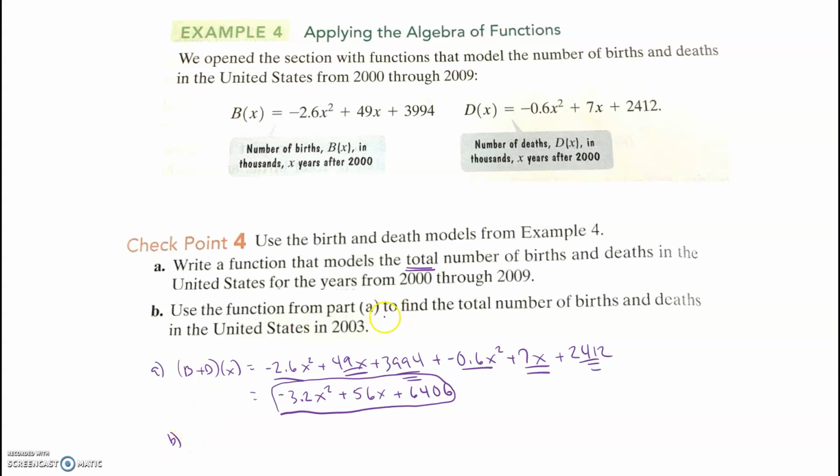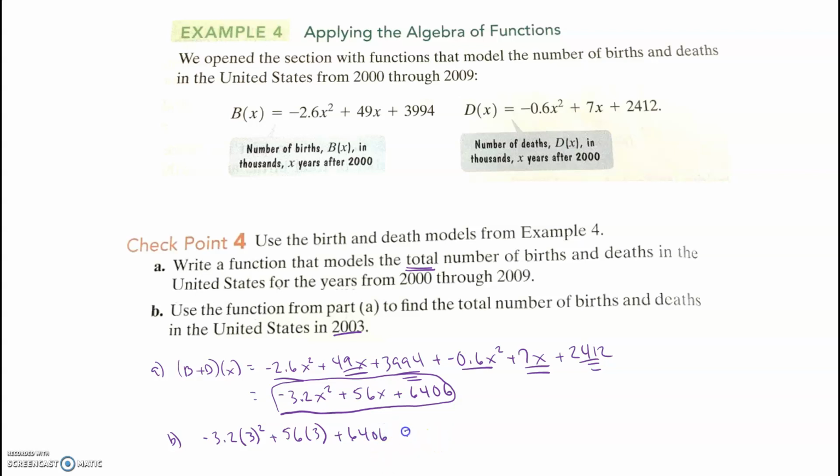The next one says, find the total number of births and deaths in 2003. So again, you have to understand that this x is the years after 2000. So 2003 is 3 years after. So what we're plugging in for x, we have negative 3.2 times 3, 3 years after 2000, squared, plus 56 times 3, plus 6406.